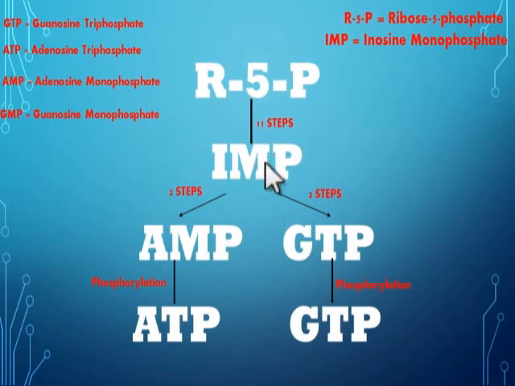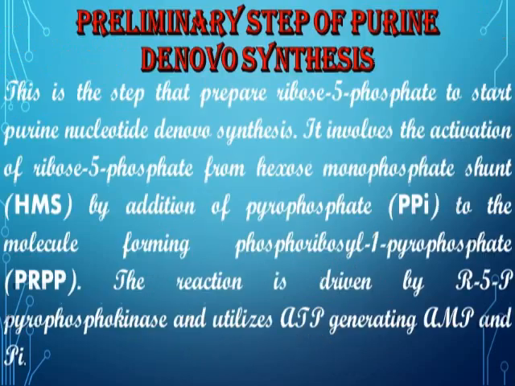Then it also undergoes 2 steps to give you guanosine monophosphate, GMP. Then the guanosine monophosphate is phosphorylated to give you guanosine triphosphate. Also, adenosine monophosphate is phosphorylated to give you adenosine triphosphate.